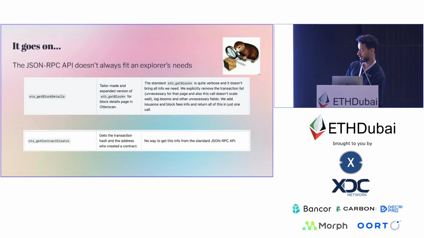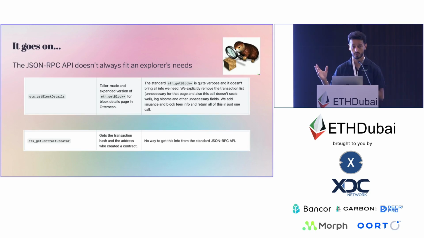Something else that I want to mention is that the data model of the JSON RPC might not always fit your needs as a block explorer. It was built mostly for the normal user who wants to interact with the chain. And here I want to bring the example of Etherscan.